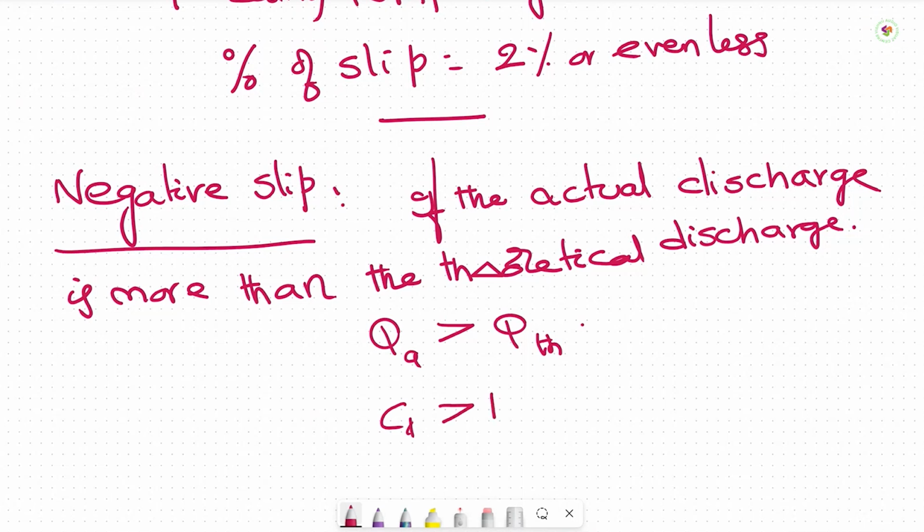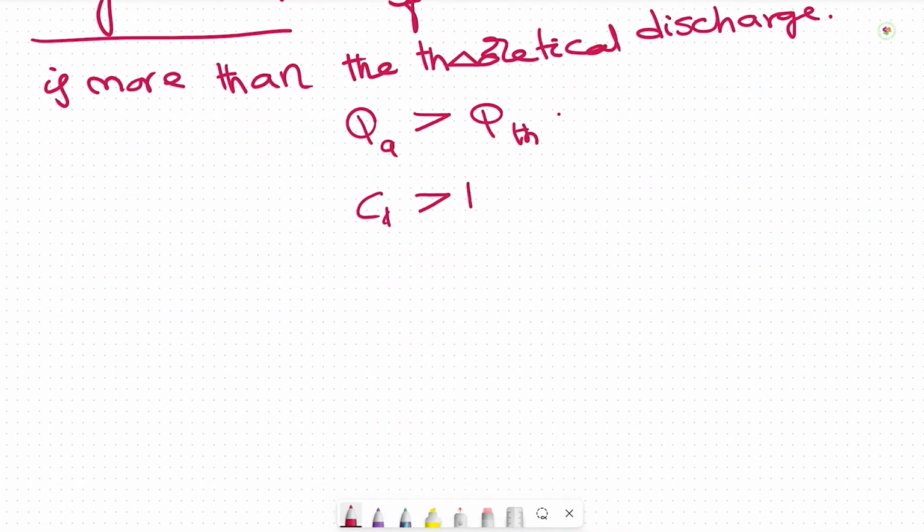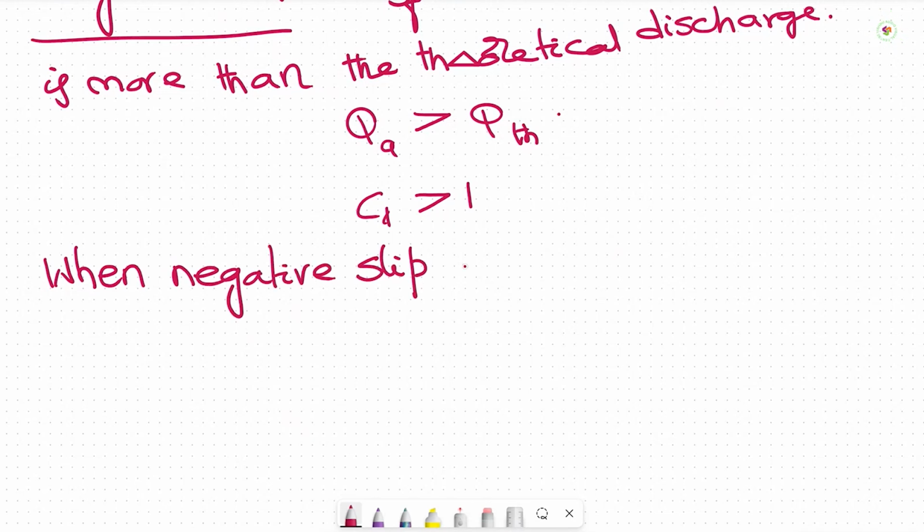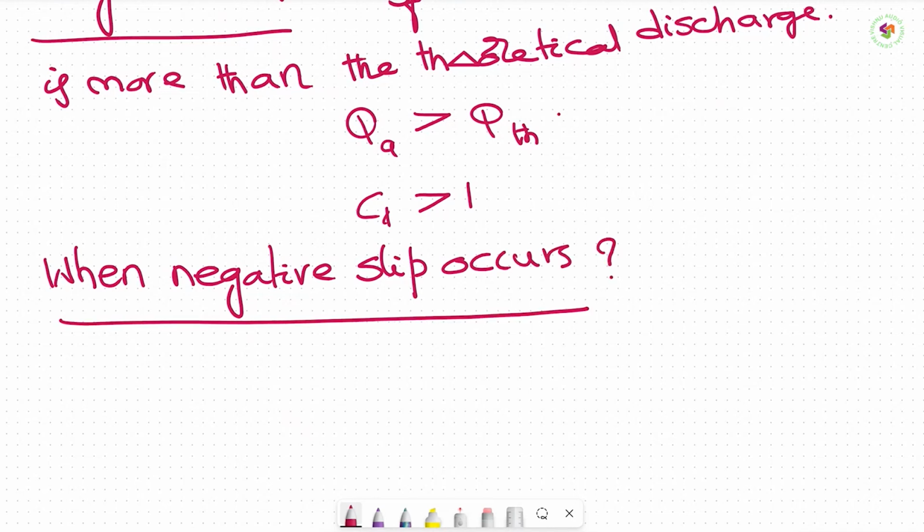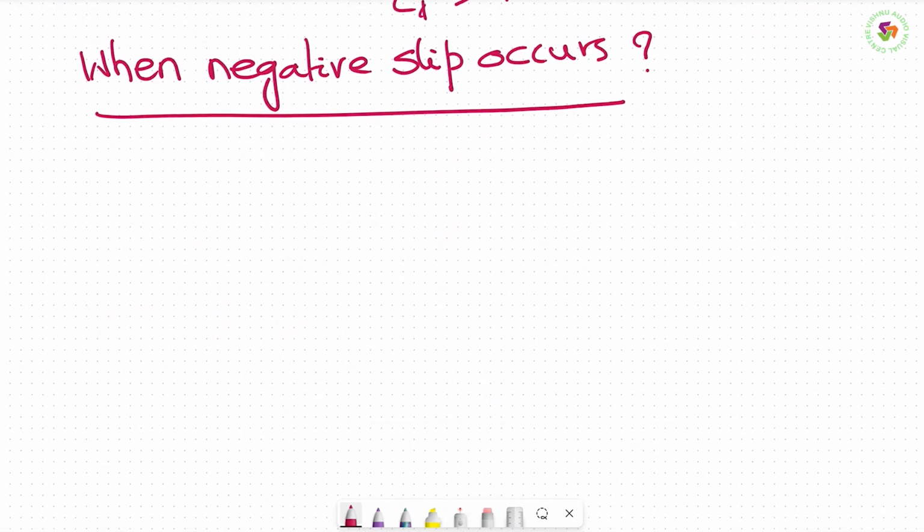But when does negative slip occur? There are some reasons under which, naturally, negative slip will occur.